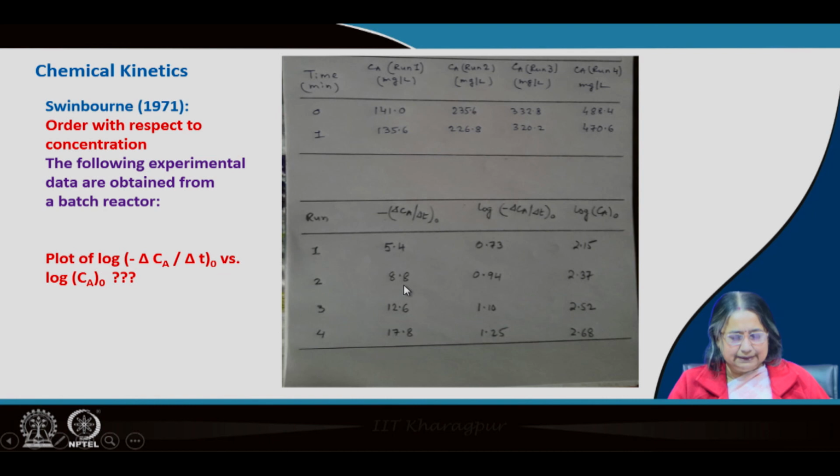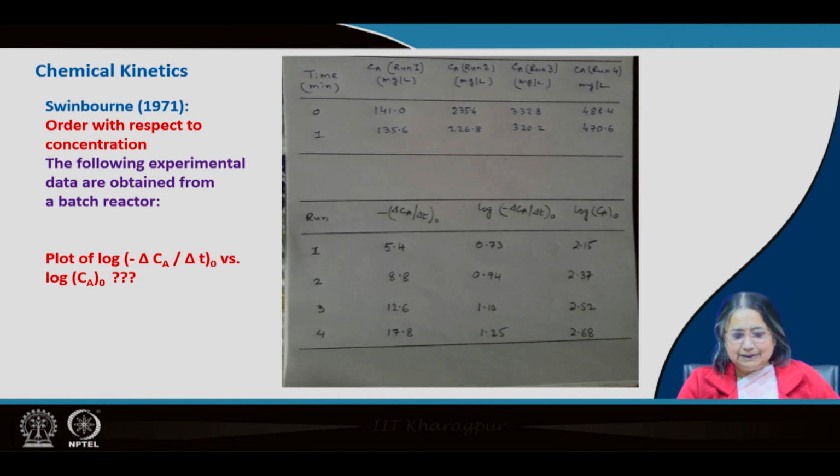In this case it is 8.8, in this case 12.6, and 17.8 here. Then you take the log of these values, and then log Ca, the log of the initial concentrations, and you plot these values against each other.